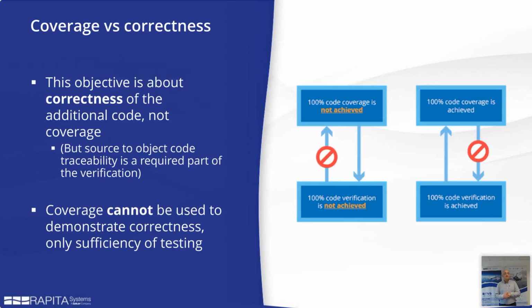In some cases, and my colleague Matt Grom will talk later on, you can make that statement, but only if you know how the compiler generates code. And particularly when the compiler doesn't generate any additional code that you don't expect. So message number one, coverage cannot be used alone to demonstrate correctness, only that there is sufficiency of testing.